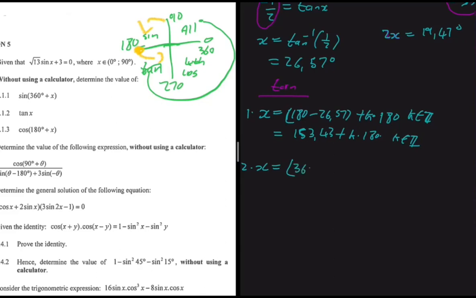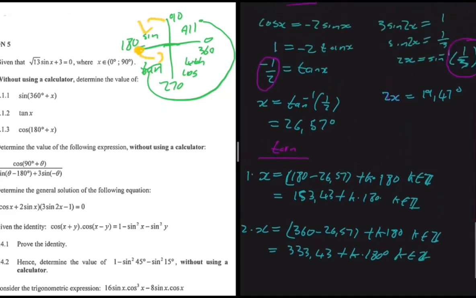So we're going to have 360 minus the critical angle, 26.57, plus k multiplied by 180, k being an element of integers. 360 minus 26.57 should give us 333.43 plus k multiplied by 180, the period of tan, where k is an element of integers.